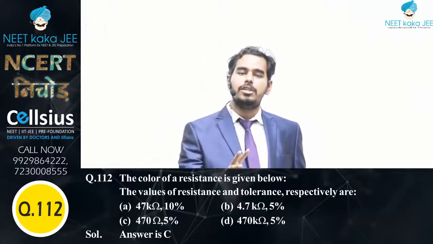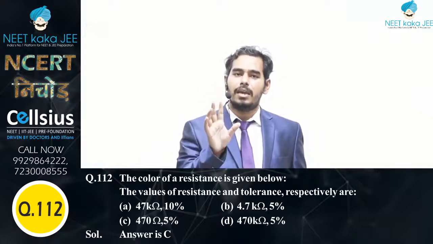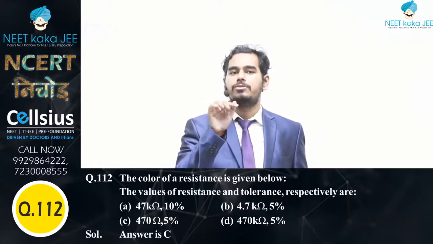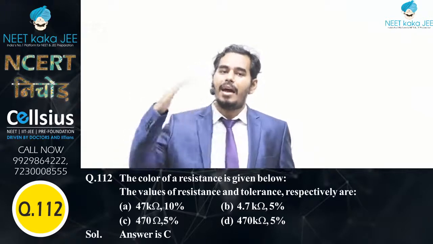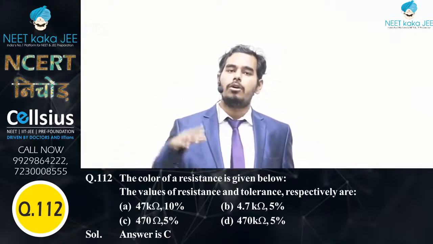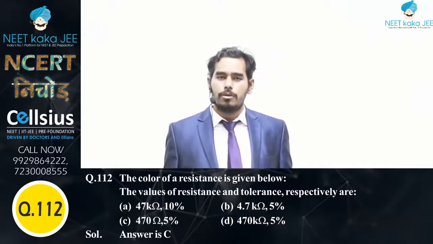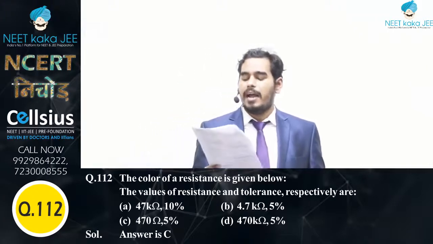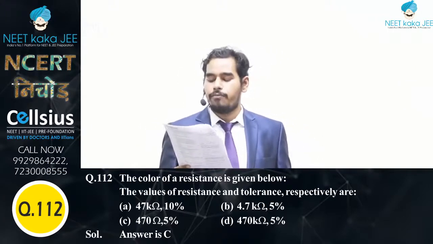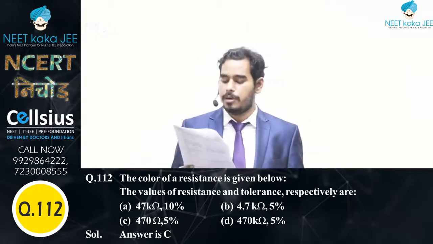The first 2 of them give you the digits, the next one gives you the power of 10, and the last one will be either gold or silver or none. If it is gold, the tolerance will be 5%. So you can utilize that concept, BB Roy, Great Britain, Very Good Wife, and you are going to get the answer as 470 ohms, and the tolerance will be 5% because it was gold.